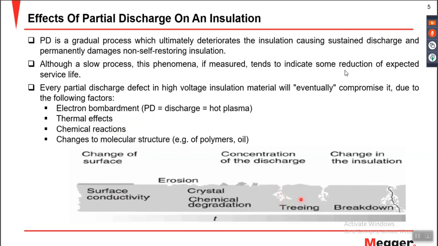Because of those thermal effects, you have changes in the chemical composition of the insulating material, and because of that, you are going to have a tracking effect. Over a period of time, as this tracking increases and increases, it reaches a complete breakdown of the insulation system, so ultimately it flashes over at the end, and it is as good as a flashover on load.